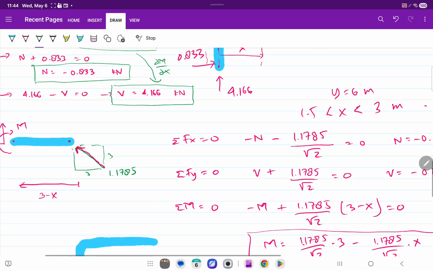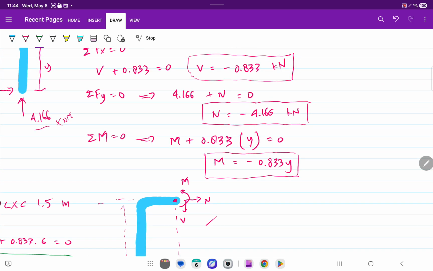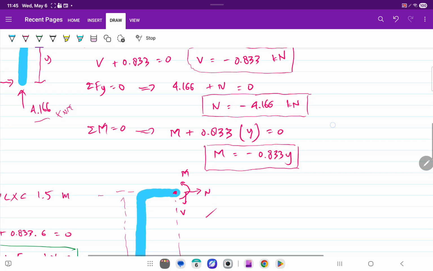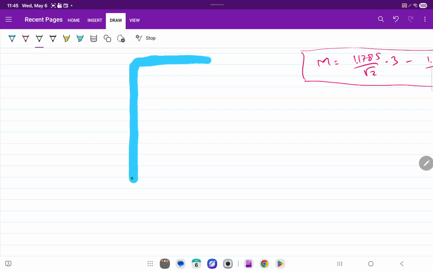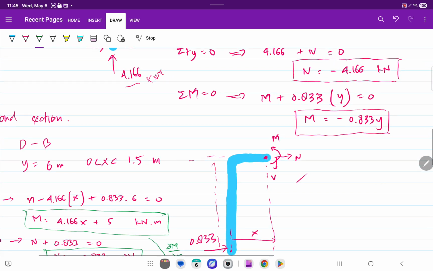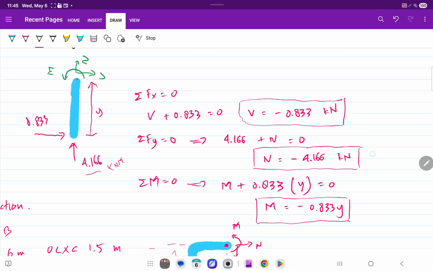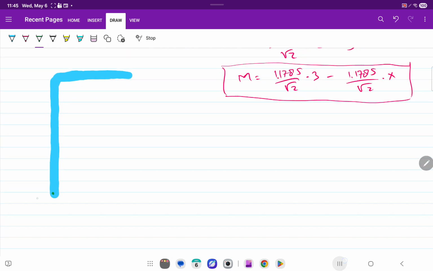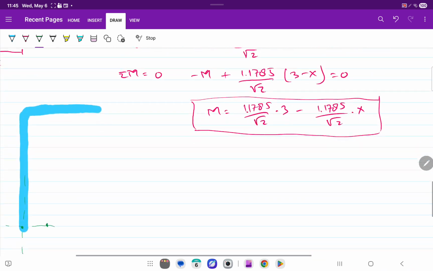So from here, it's difficult, yeah. I don't like to draw like this, but let's draw like this. It's negative 0.833.